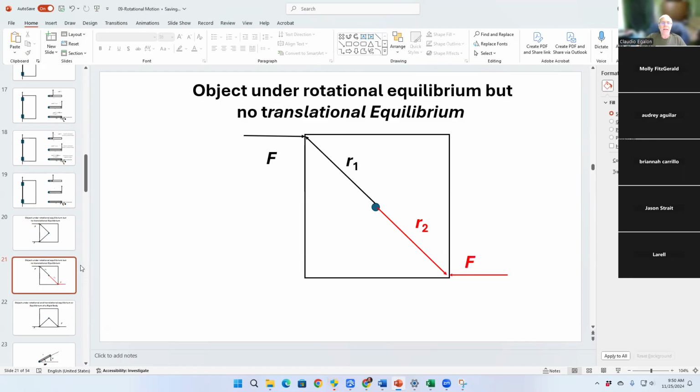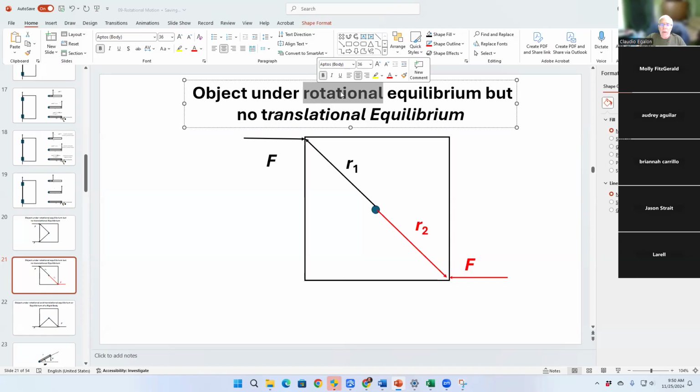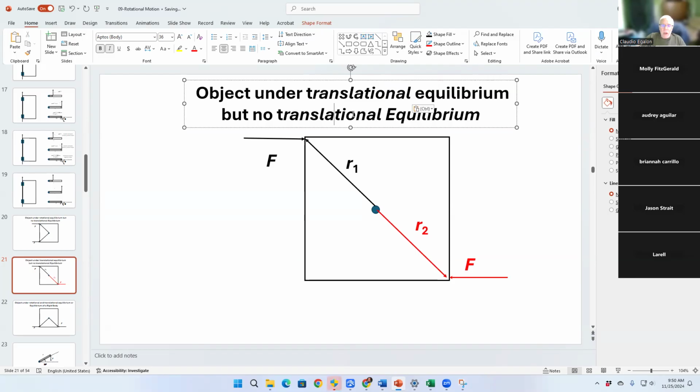Like that. And I have an object under translational equilibrium, but not in rotational equilibrium.